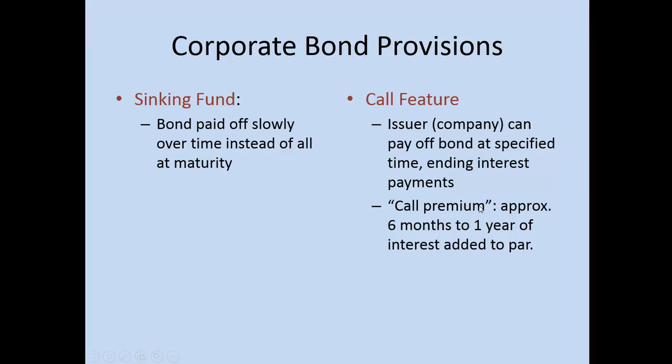They say, okay, we're going to pay off your bond, so here's your par value, here's your $1,000. We're also going to pay you the next year of interest payments that you would have gotten. So you do lose out because you don't get the entire stream of interest payments, but you do get some compensation: you get your $1,000 back and you get paid for a year in which you didn't actually have to lend them the money. So that's good.